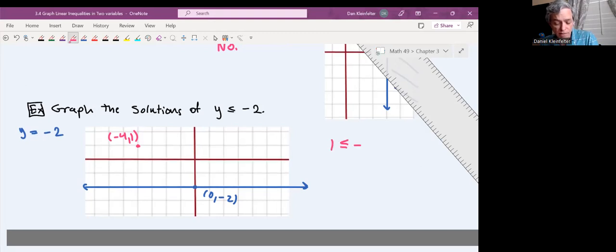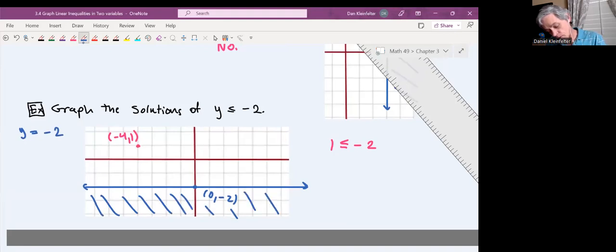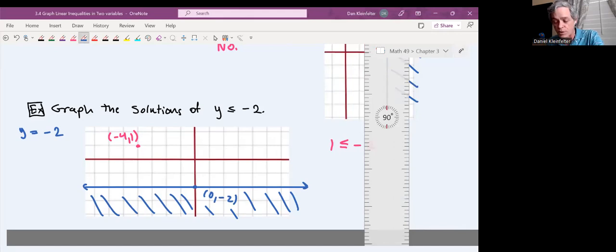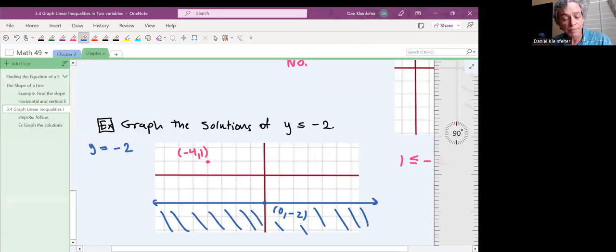Is 1 less than or equal to -2? Here the answer is no. That means the solutions are on the other side of the line. And so we're going to put some shading on the graph to show that below the line contains all the solutions to our inequality.